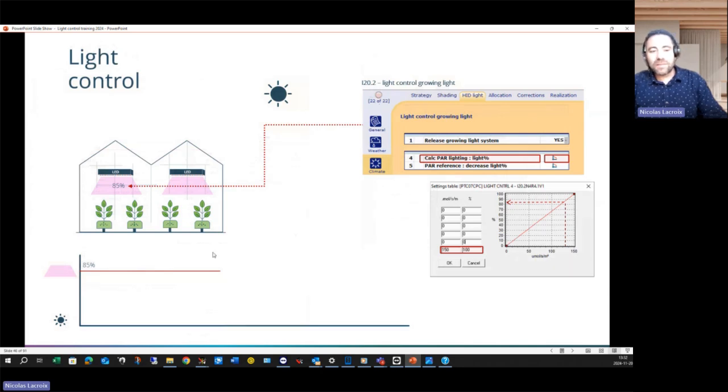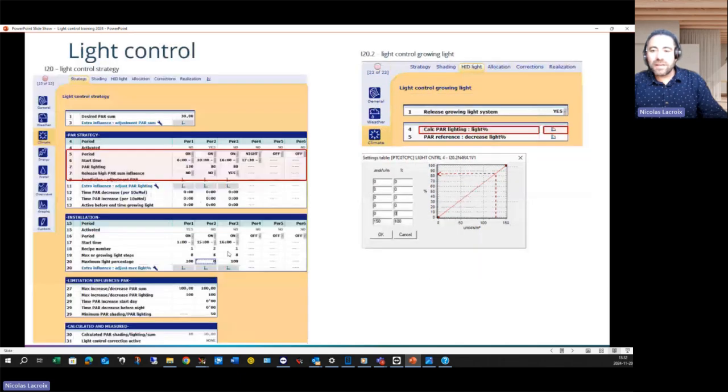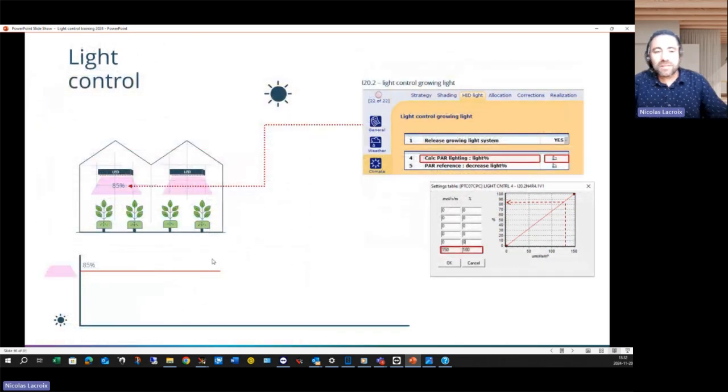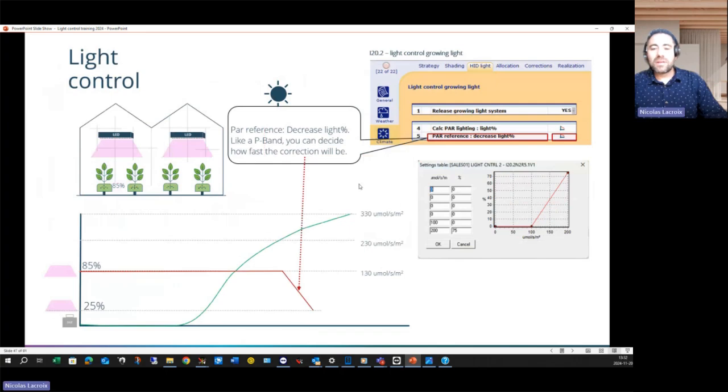If I'm set at 130 and I ask 85, I'm at 85% of my fixture. So my par reference to decrease light, what I did here, I start to decrease at 100 difference. And when I'm at 200, I only dim to 75%. I don't want to turn off the LED completely. So the par reference decrease light acts more like a P-band. You can decide how fast the correction will be with that table here.